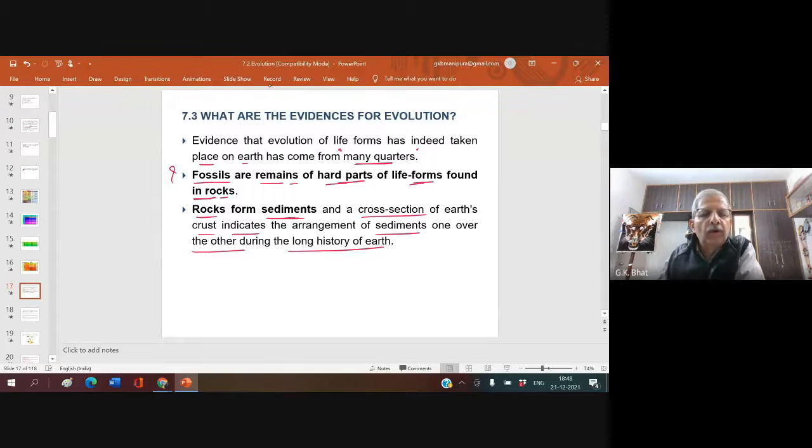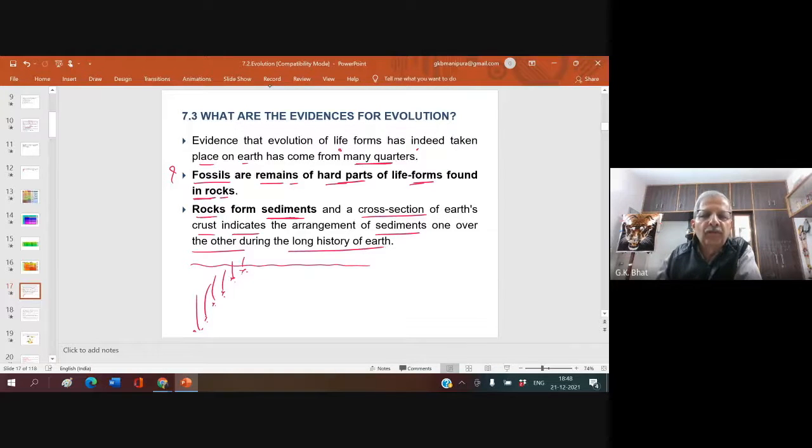That means, let us say you are here on the surface of Earth, and you start digging and going deeper and deeper, you come across the sediments of rock formed at different periods during the history of life. So you come across the oldest fossil of the oldest animal, which lived a very long time back, here, and the latest one here, near the surface.